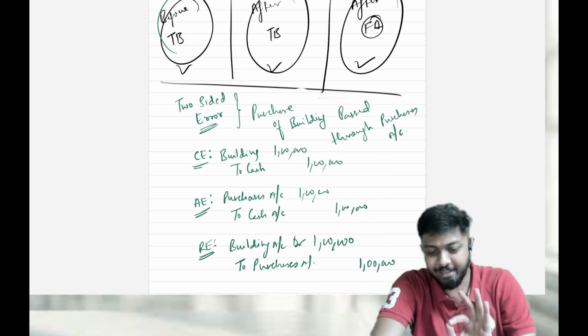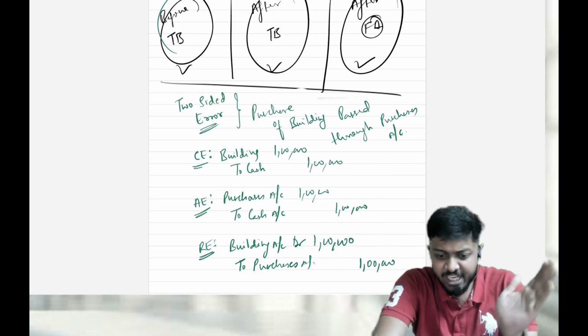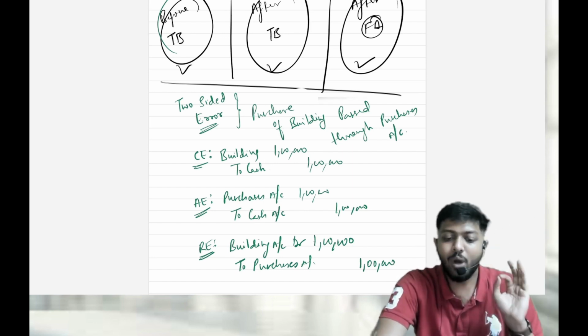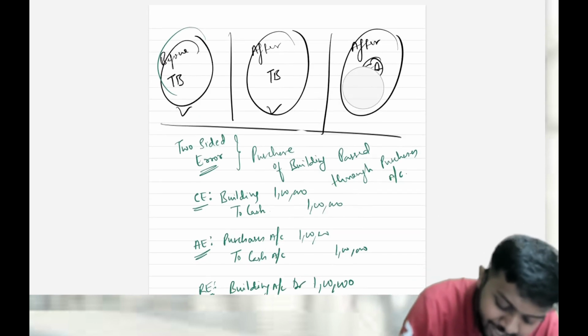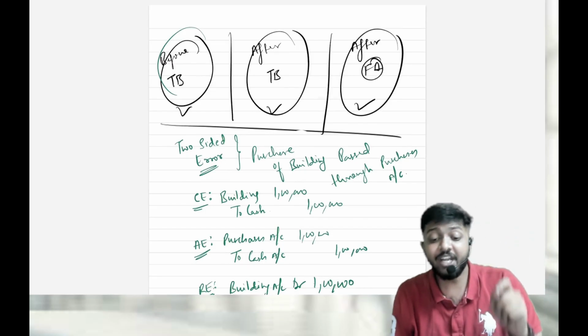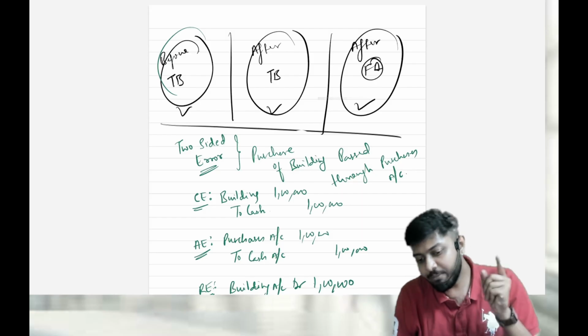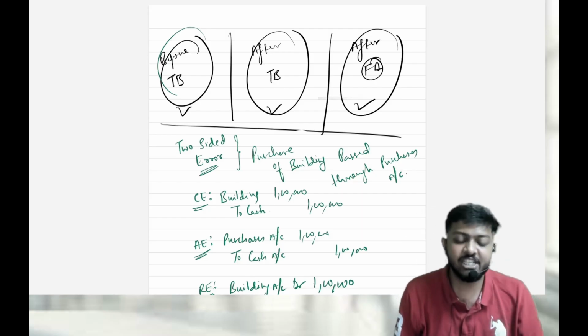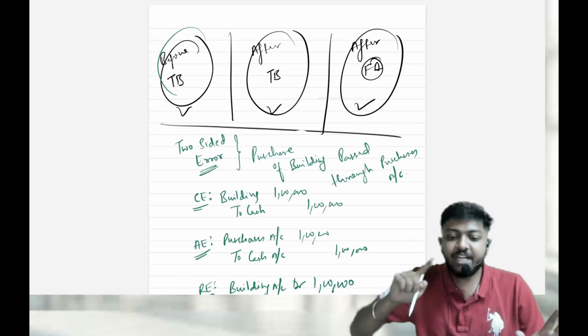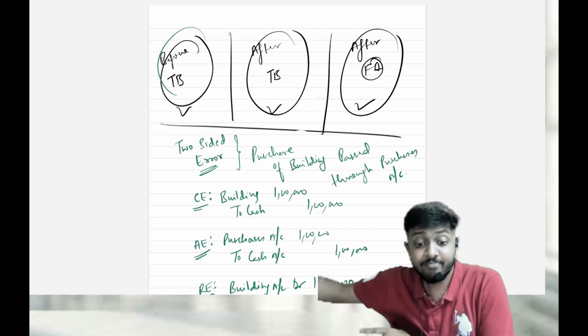Hey, one thing, in double-sided error, at 3 stages also the rectification entry will be the same only, but one small change comes in after final accounts. In after final accounts, what you have to do? In the rectification entry, if there is any nominal account, you have to replace that nominal account with the P&L adjustment account. Sir, why? As I told you, in after FA, the rectification is happening in the next year.